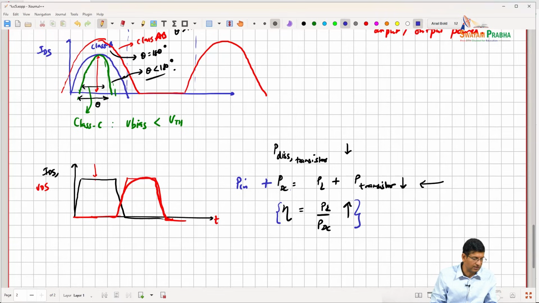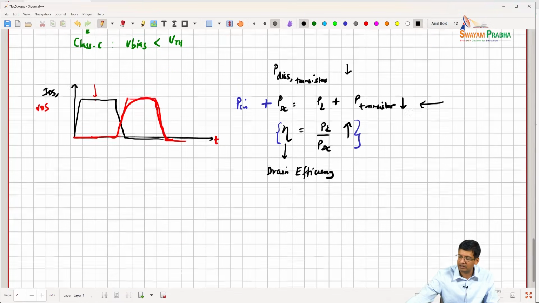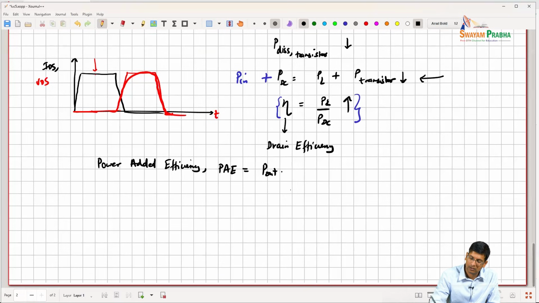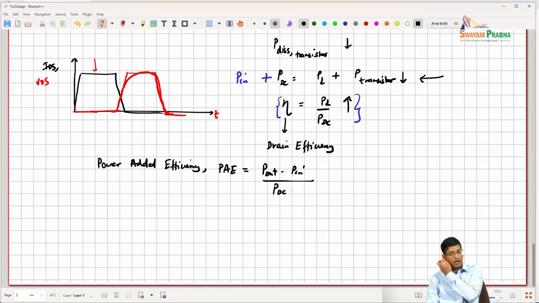So we call this then the drain efficiency, and we have a term that we call the power added efficiency, or the PAE, which is P out minus P in divided by PDC, right. So, let us say that the PA has a certain gain.